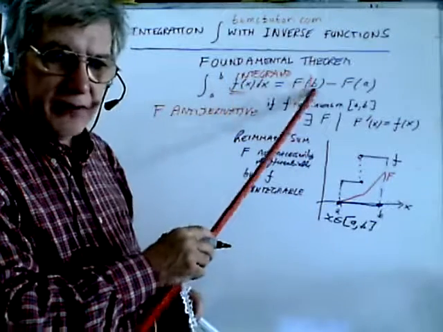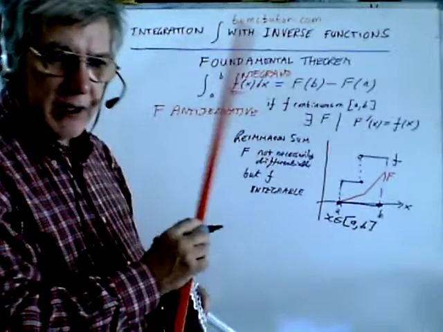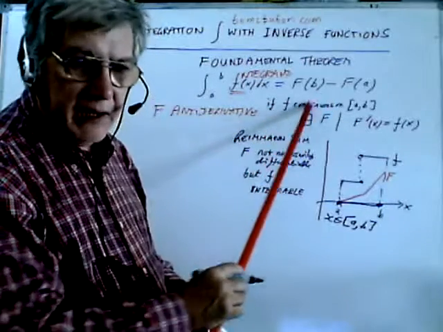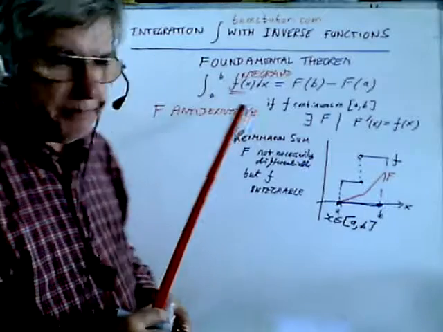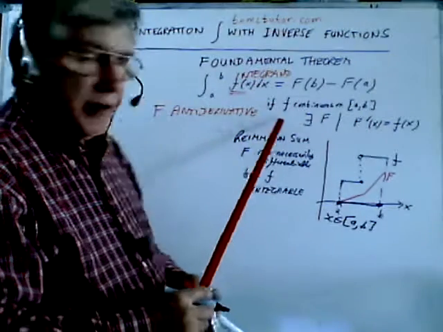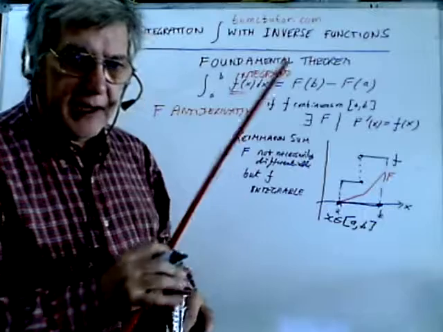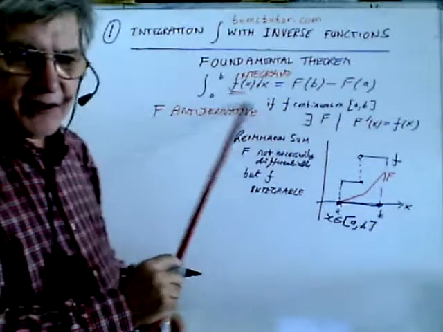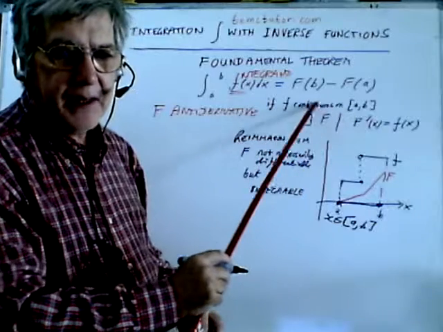Now the antiderivative will exist. We can solve this problem certainly when f is continuous, okay? And most of the functions that we're dealing with are continuous. You don't have to worry about it, but I'm just saying that that's a fact.